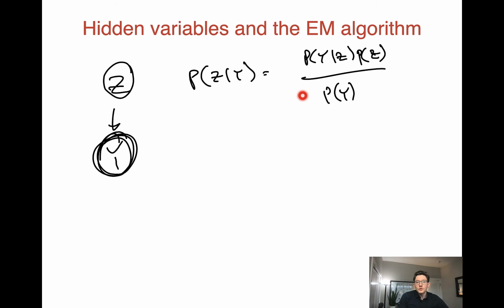We can do this inference just using Bayes' rule. So we saw this, for example, if we wanted to figure out if someone was sick or not based on their test result.